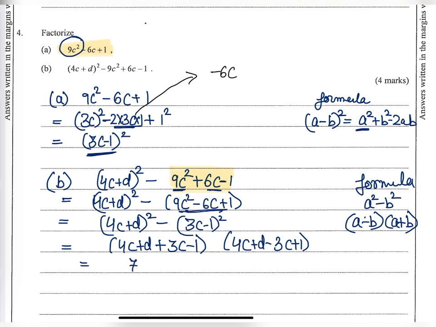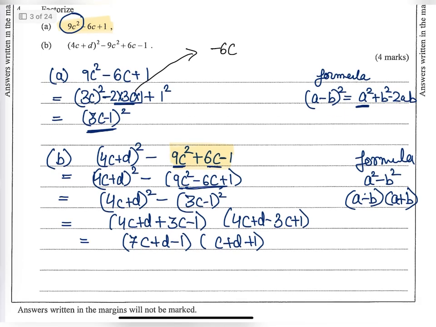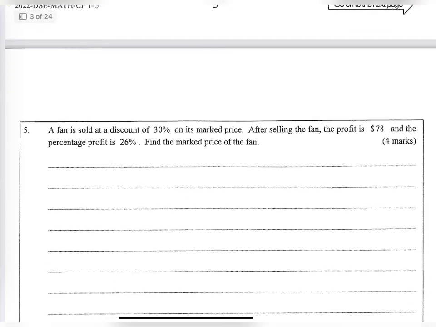Now open it. 7c plus d minus 1, and 4c minus 3c, which is c. C plus d plus 1. That's your answer. Now let's move to question number 5.